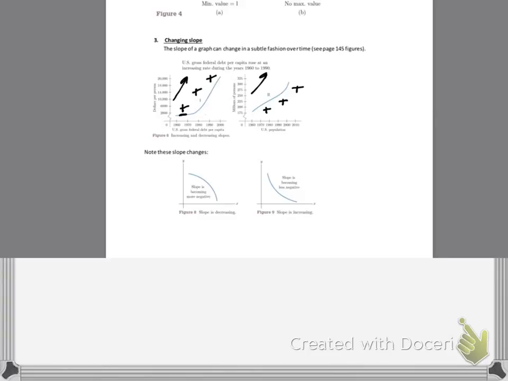So if I draw a series of tangent lines, what I see is that I have a flat slope initially, it's very steep here, and it's leveling off a little bit. So my slope is not always increasing. It's always positive, but it's not always increasing.